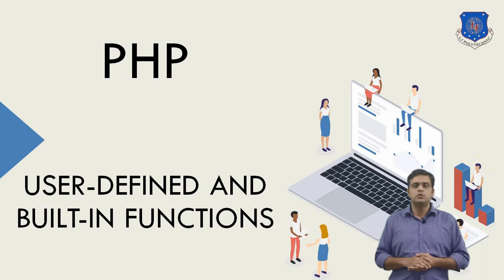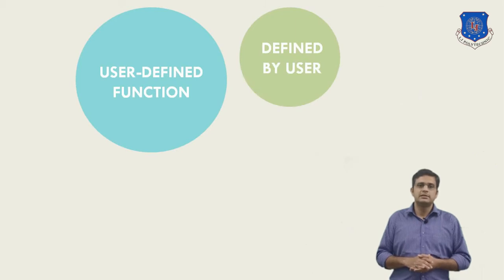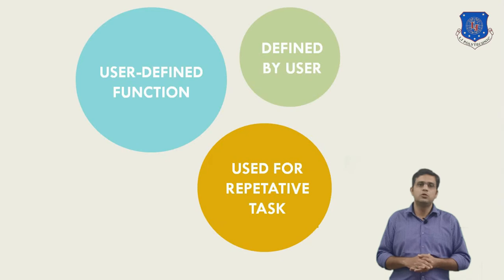In this video, we will see how we can define user-defined functions in PHP. As the name suggests, a user-defined function is defined by the user. When you write code for any task and that task needs to be performed more than once, you can put that code into a function.